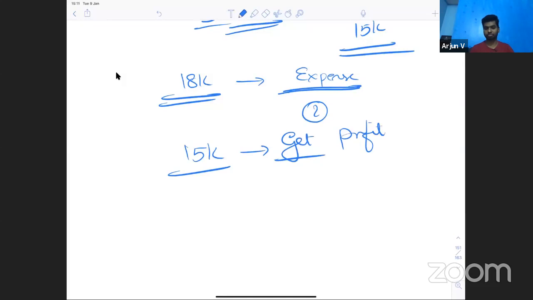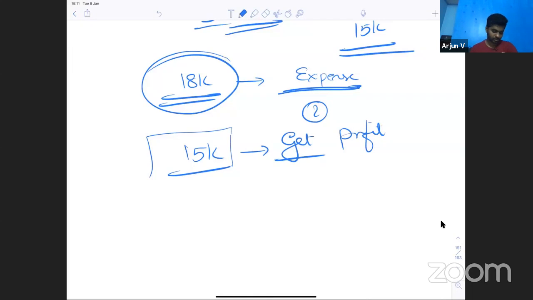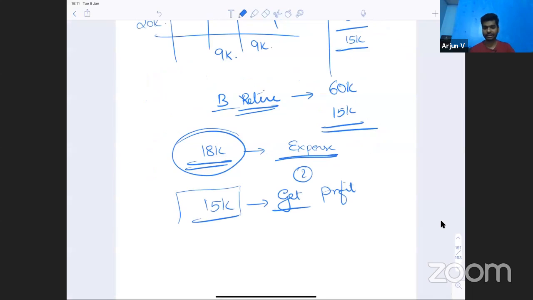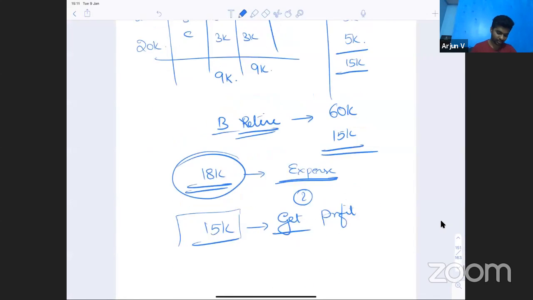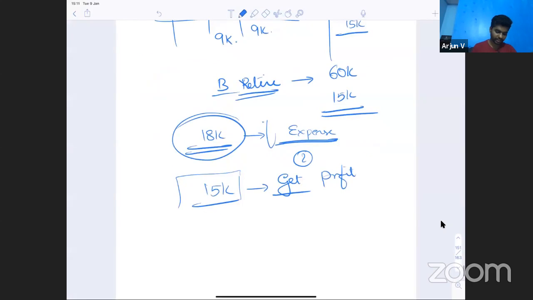Vishnu, Tanuj, Venkatesh, are you guys clear? When the firm paid premium, 18,000 was considered as an expense, so the 15K they got back shall be considered as profit. Guys, when the firm paid premium every year, we treated that premium as an expense.